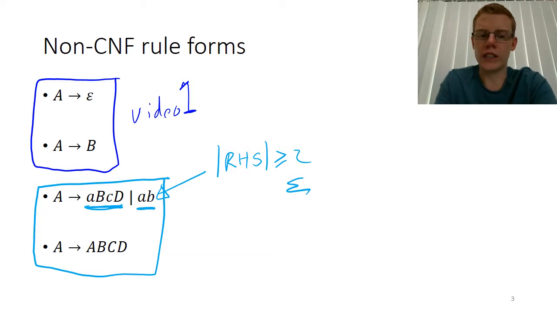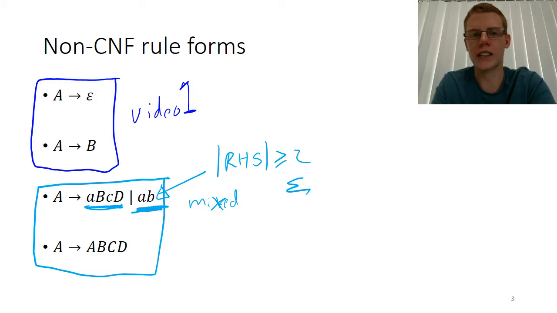We call these mixed productions, but I think that's a slightly misleading term. The textbook calls them mixed productions, and the reason is because when we handle them, we also have to handle rules like this, which don't have a mix of terminals and non-terminals. So really what we're dealing with is rules that are longer than 1 and that have terminals in them.